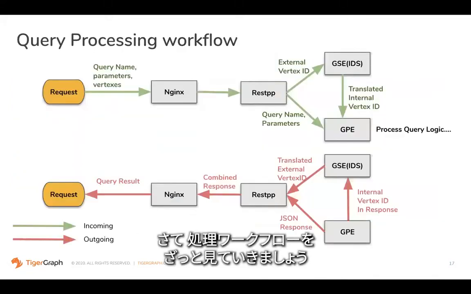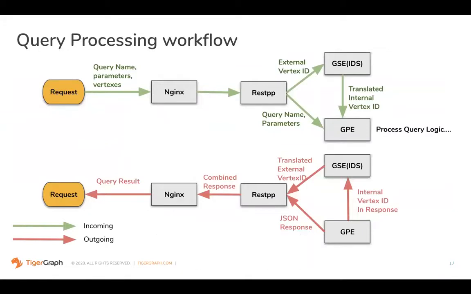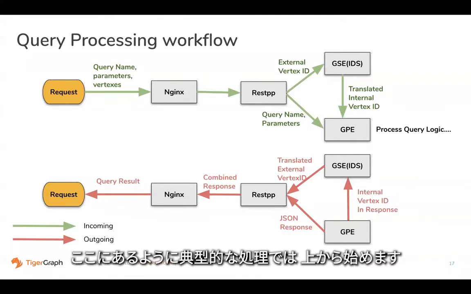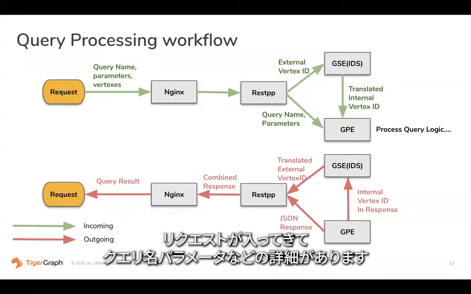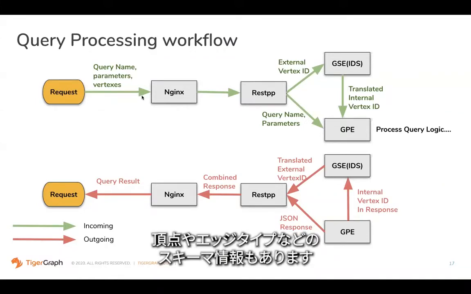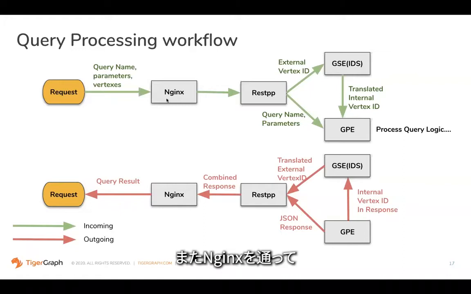Okay, so let's look at a quick query processing workflow. If you look at a typical processing, we'll start at the top. A request comes in; the incoming request has details such as query name, parameters, and schema information such as vertex and edge type. It goes through Nginx again to RESTPP.